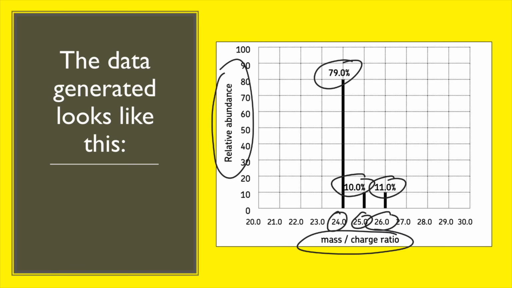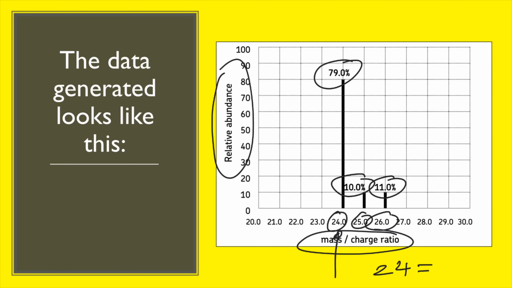What I will say, and it's quite common to get an exam question like this, is that it might ask you to explain a peak at 12 in a spectrum like this. The biggest peak here, the most abundant isotope, has a mass of 24.